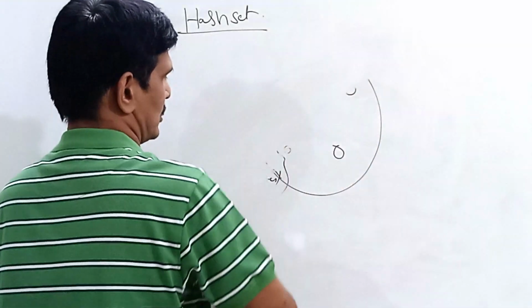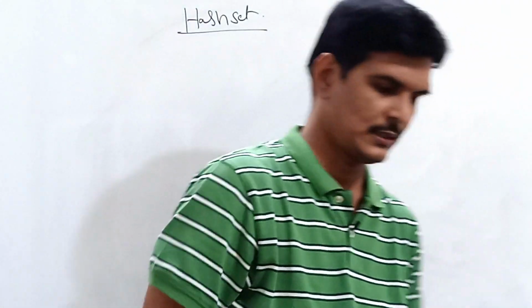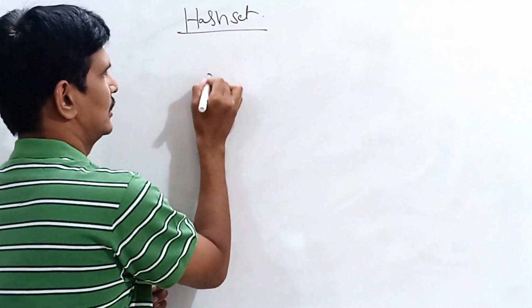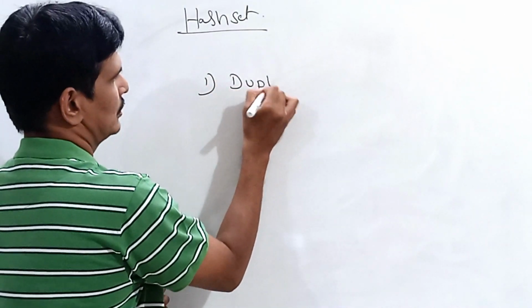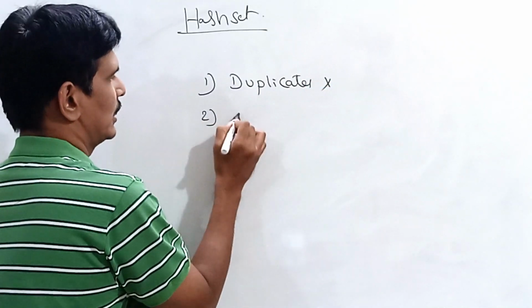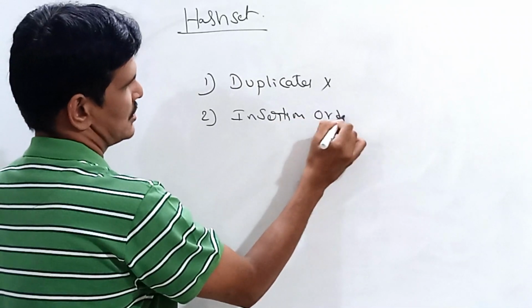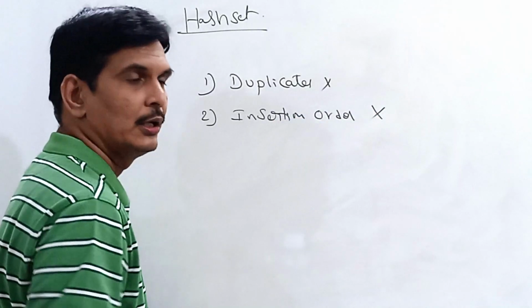Now we will discuss a few important points about HashSet. The first point, as we discussed, is that duplicates are not allowed, and the second point is that insertion order is not preserved.